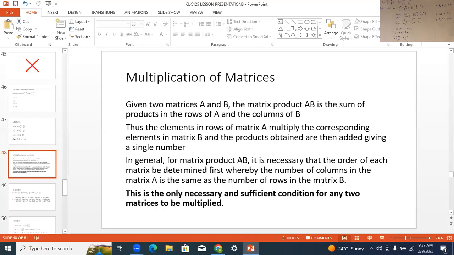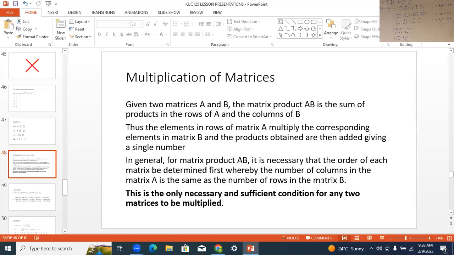For this to be possible, it has to be known and understood that for the matrix product, we must check that the order of each matrix is clearly defined. The order of each matrix shall be determined first.